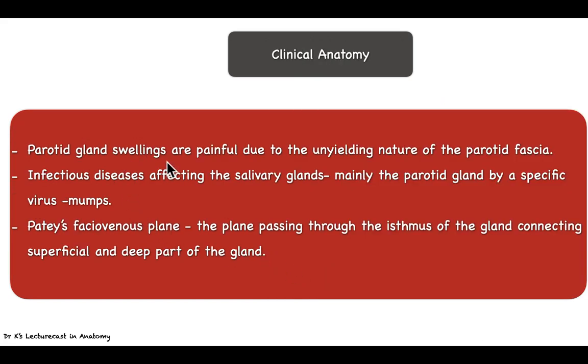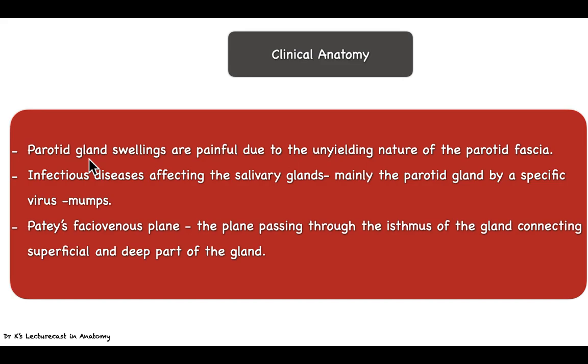When we spoke about the capsule of the parotid gland, the investing layer of deep cervical fascia divides into superficial and deep lamina. Remember a situation where a room that can contain only 50 people is packed with 500 people. How will it be? More pressure and more painful. That is what happens with the parotid gland also.